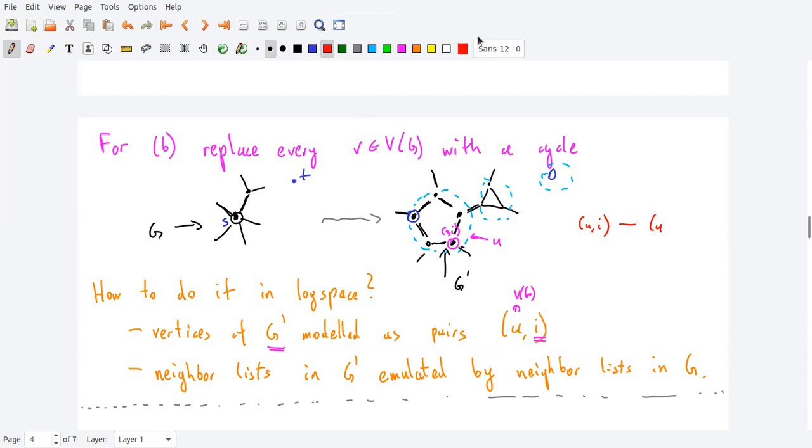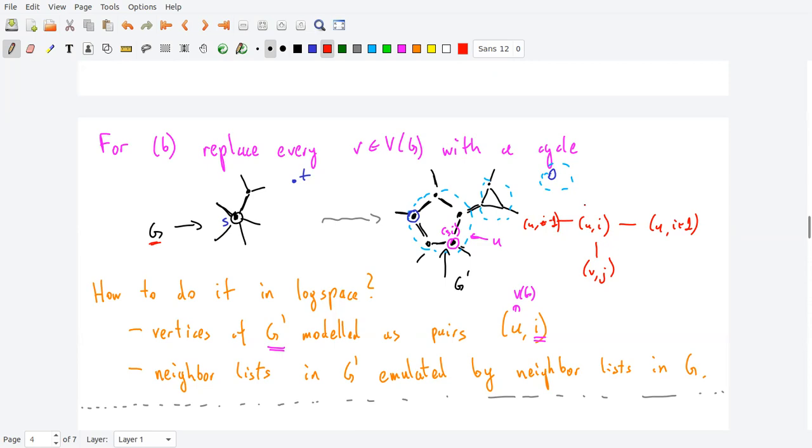Well, these are (U, i+1) and (U, i-1), of course, modulo the degree of U, but the degree of U I can also read from the description of G. And also there is a vertex (V, j), where V is the i-th neighbor of U, and j is such that U is the j-th neighbor of V. So then from the description of G, if I want to list the neighbors of (U, i), I can do it by an algorithm that uses only logarithmic auxiliary space working on the description of G.